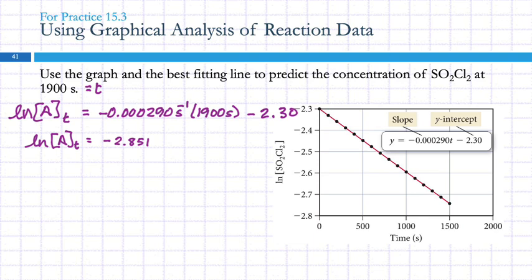We care about sig figs, but we're not going to go nuts about them. If we look at the numbers we've been given, 1900 seconds is one of those ambiguous ones, so we don't need to worry about a number like that.